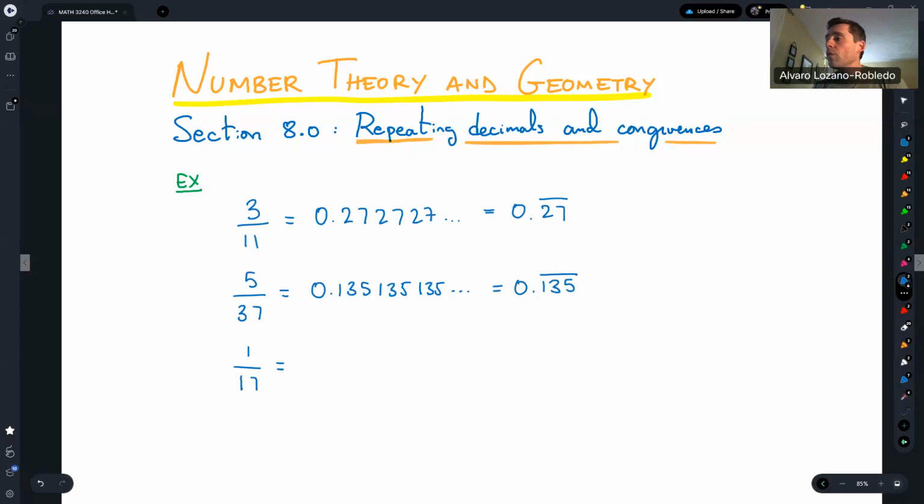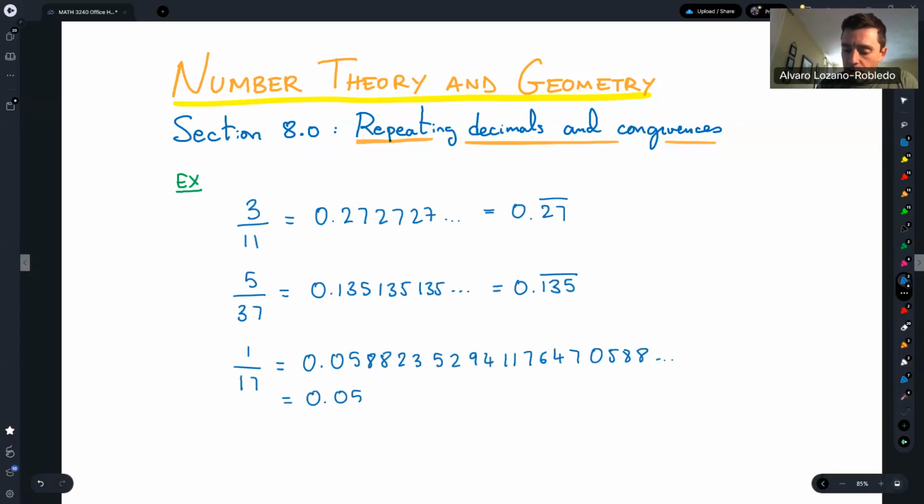Okay, how about 1 over 17? It turns out it is 0.058823529411764 and then 0588, etc. So the repeating part is actually really long.